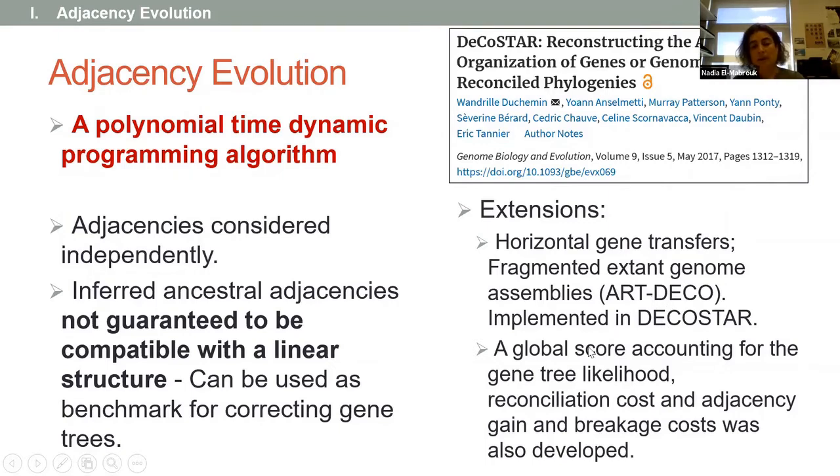And we also have a global score accounting for the gene tree likelihood, reconciliation cost, and adjacency gain and breakage cost, which was also developed by the authors. Okay, so this is a first set of algorithms that account for both gene trees and adjacencies, which are the first way to account for gene orders in order to infer ancestral syntenies.